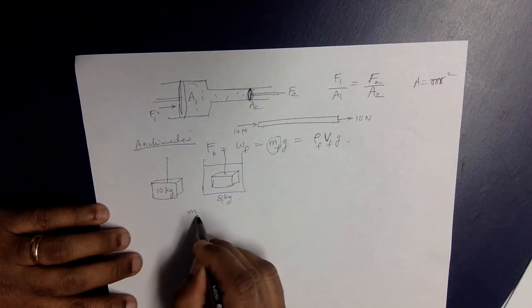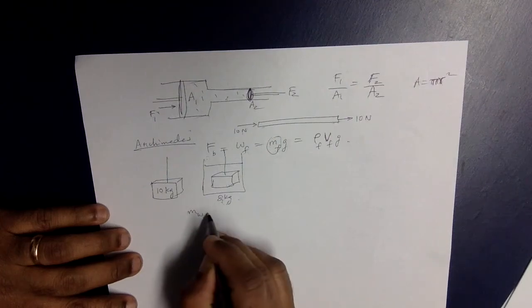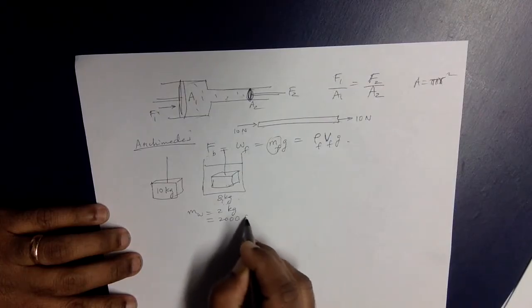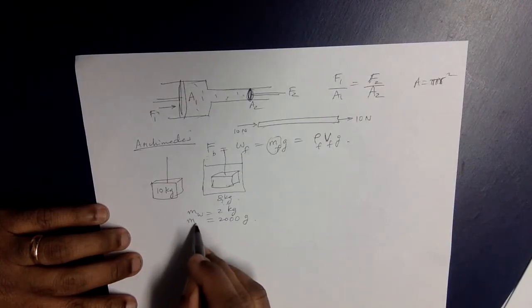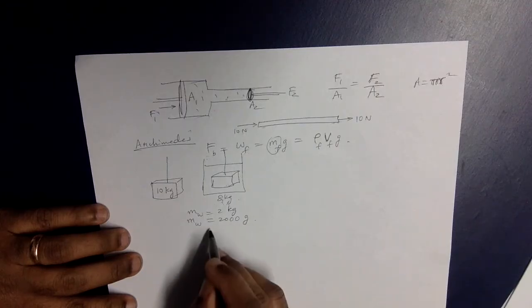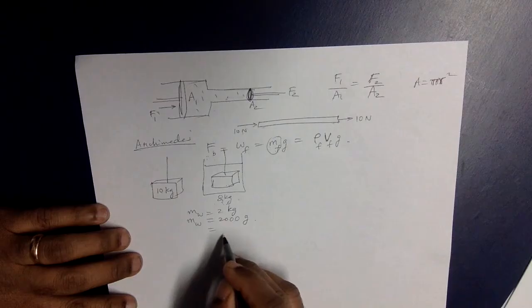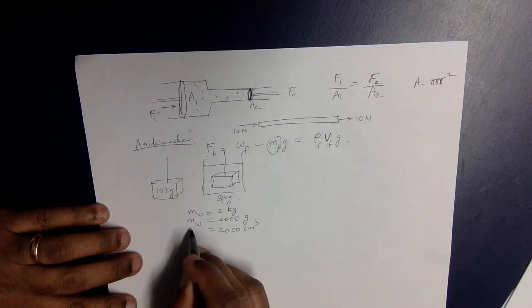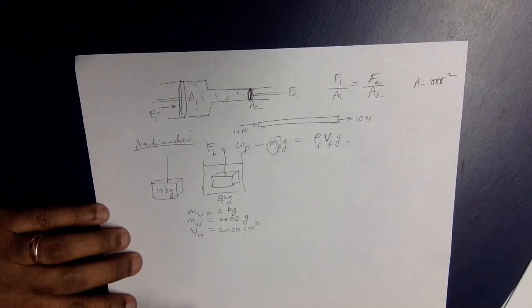Now, how much is the mass of the fluid displaced here? The mass of the water displaced is 2 kilograms, which is actually 2000 grams. Since it is water, and water's density is 1 gram per centimeter cubed, if 2000 grams of water is displaced, it must be 2000 centimeter cubed for the volume of the water displaced.